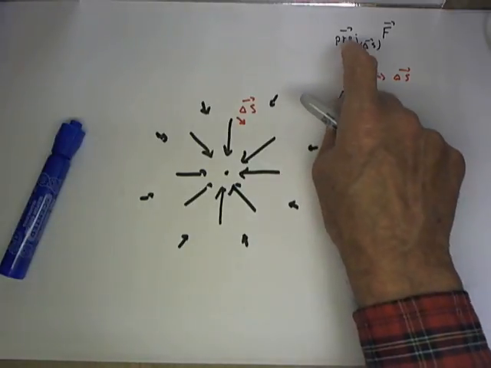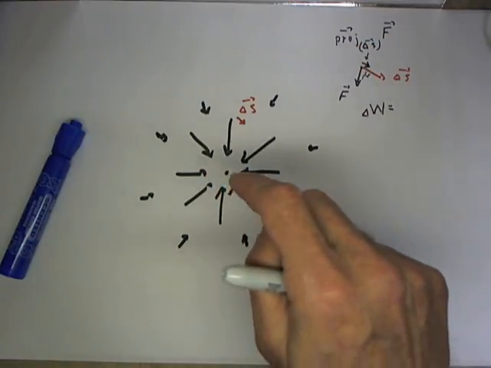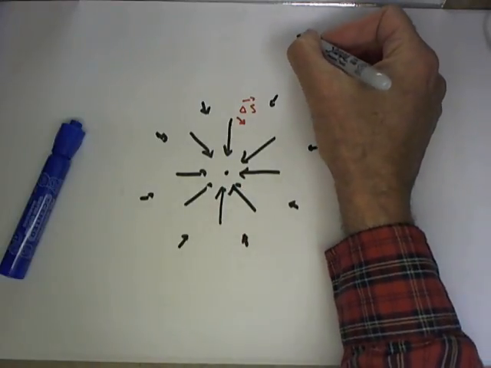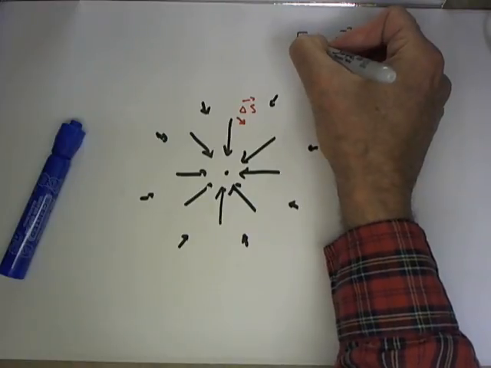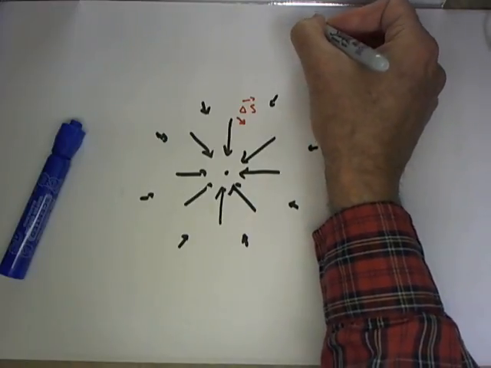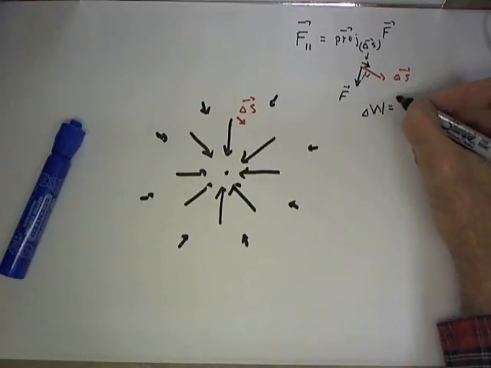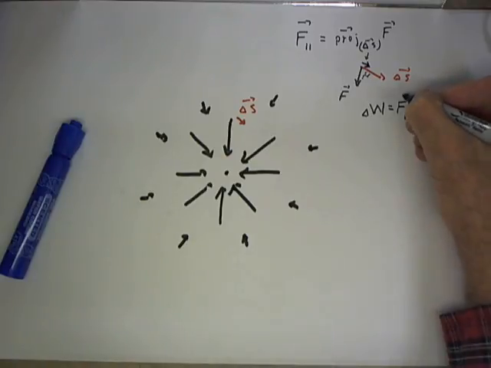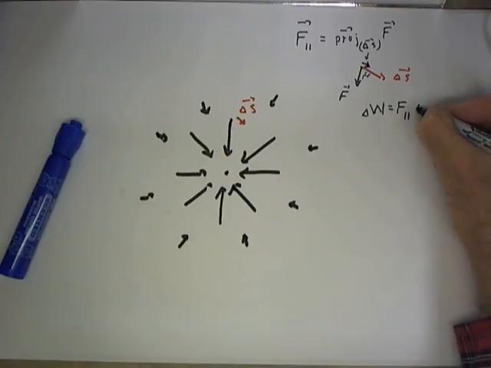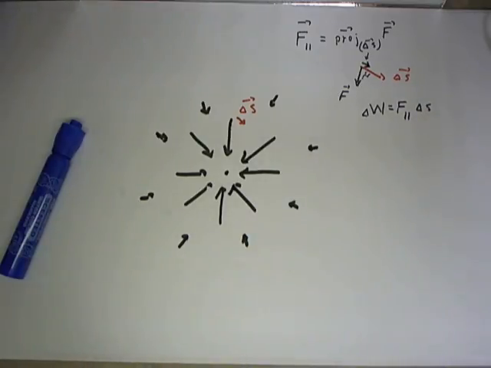Now, it's a little clumsy writing out projection delta S of F. It's not a very compact notation, so I'm going to simply call this projection F parallel, the force parallel to the displacement, so that the delta W is the magnitude, well, it's F parallel times delta S in a sense.